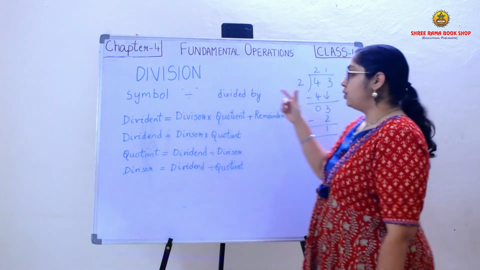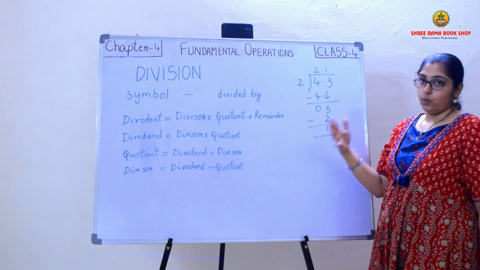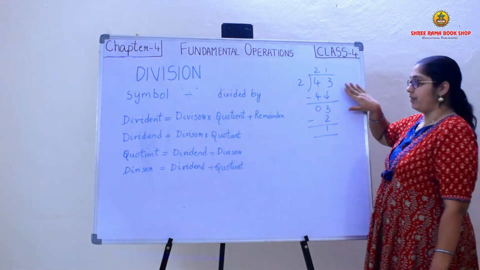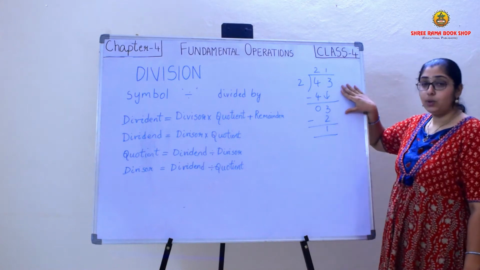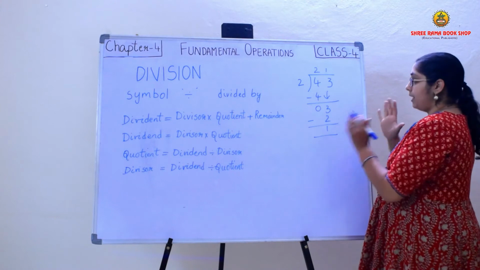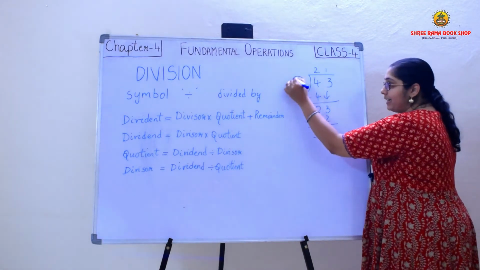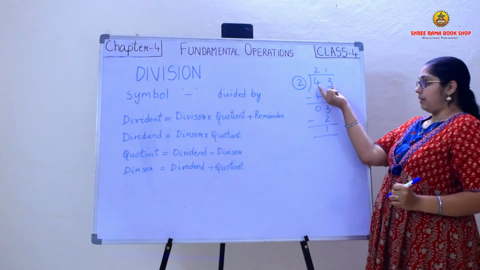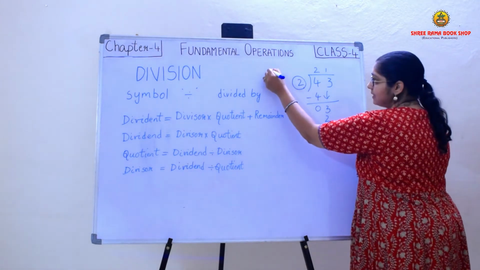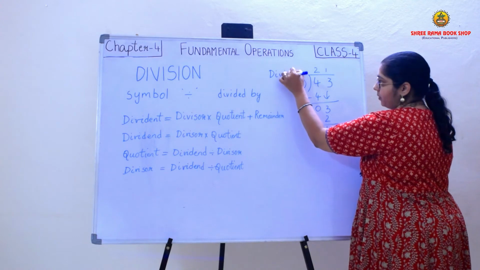Before going to what is dividend, divisor, quotient and remainder, I have an example. With the example, we will learn all the terms related to division. Here I have taken an example. The number which divides is the divisor.